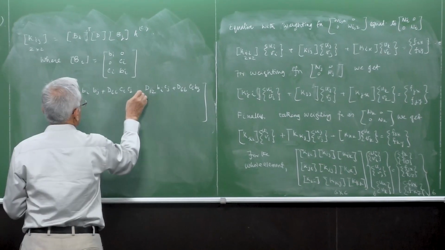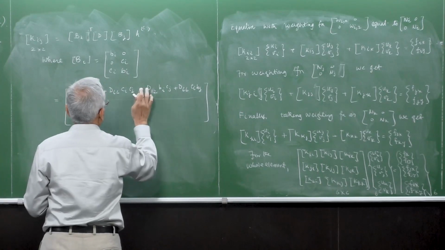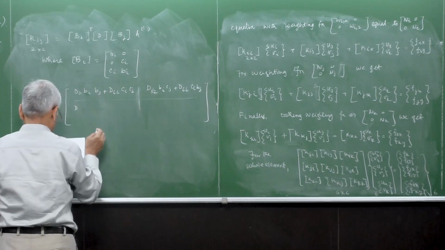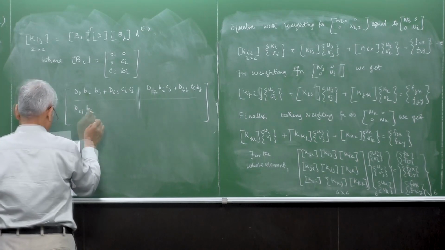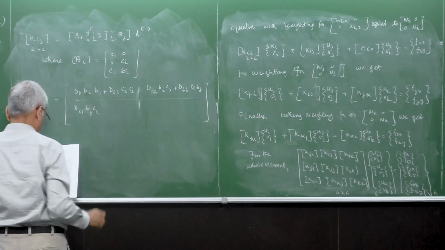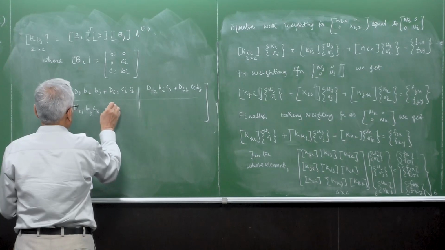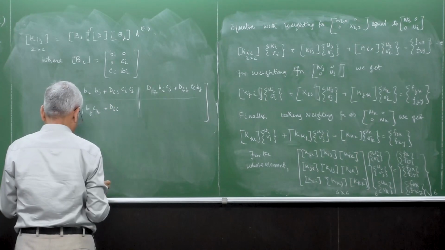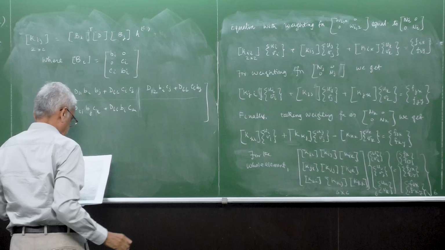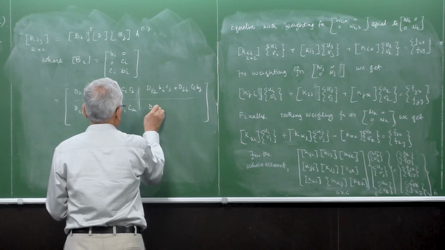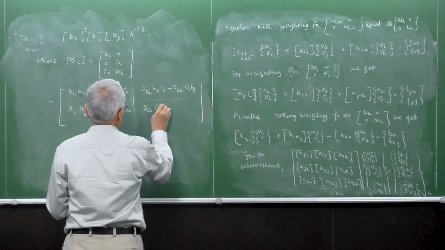So it is D21 Ci Bj plus D66 Bi Cj, D22 Ci Cj plus D66 Bi Bj.